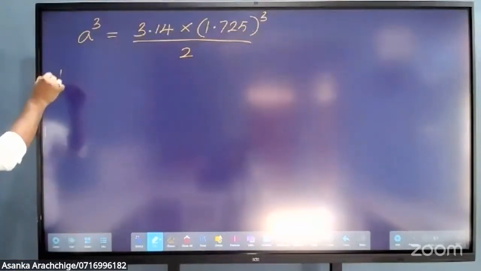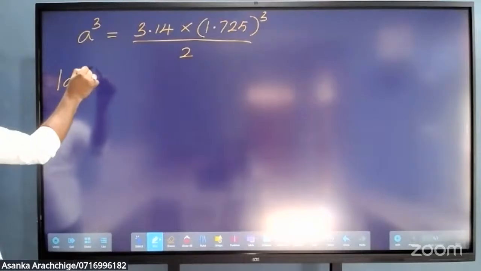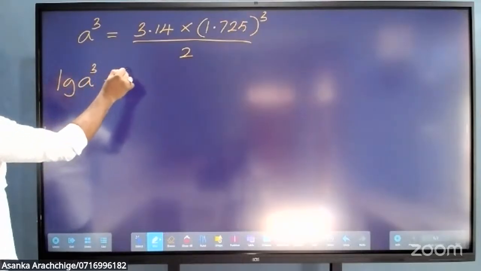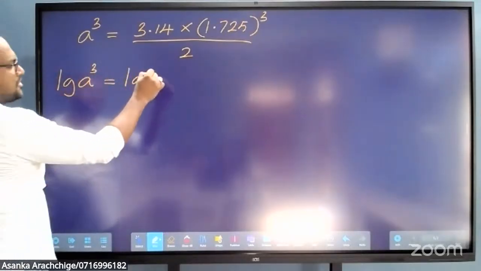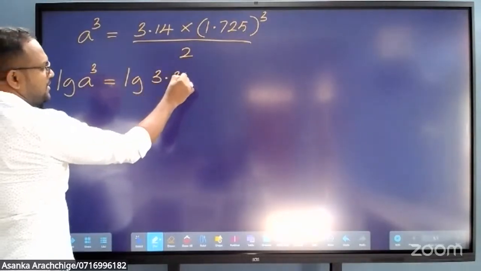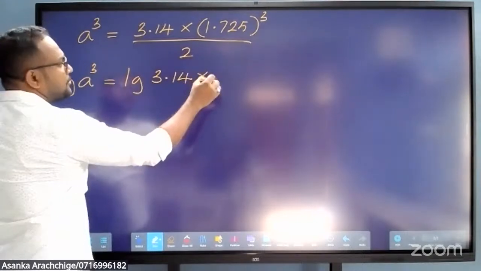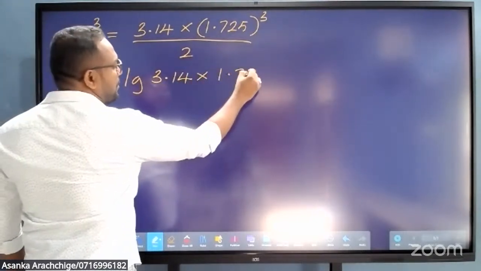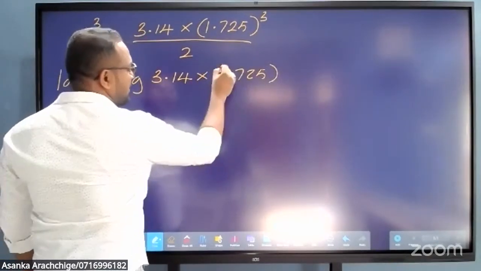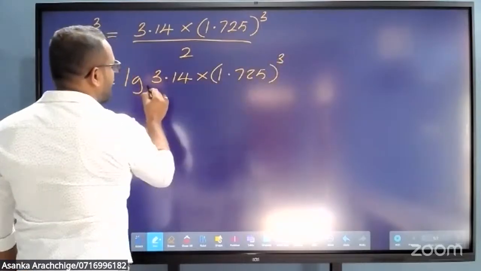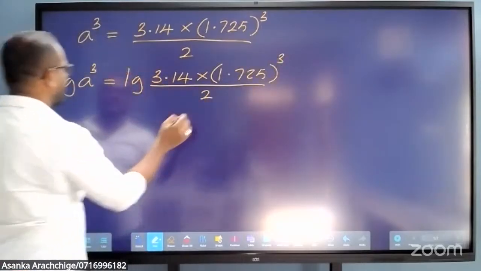Then taking logarithms, lg a cube must be equal to lg of 3.14 times 1.725 cube upon 2.